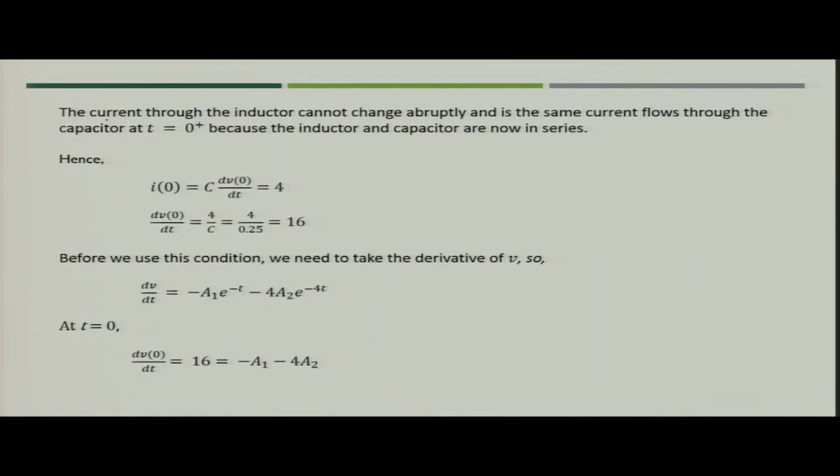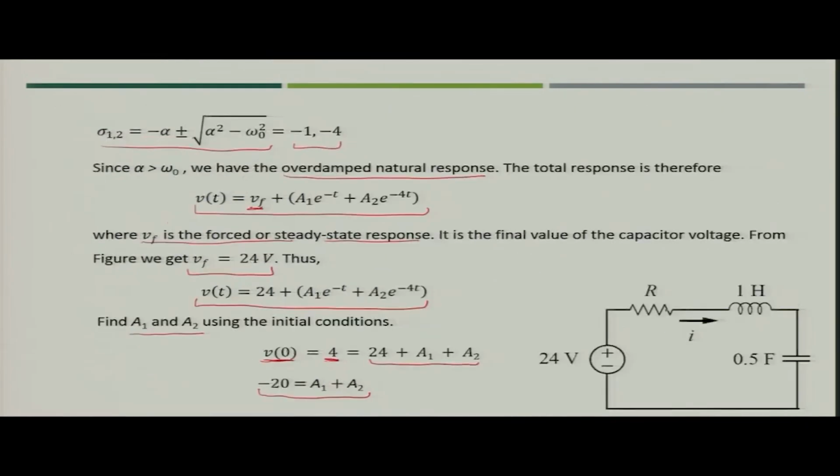Next, we know that the current through the inductor cannot change abruptly, even when we open the switch at time t is equal to 0 plus. Since it is a series circuit, the current which is flowing through the inductor at time t is equal to 0 will continue to flow through the capacitor also.